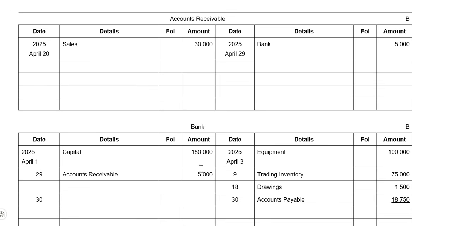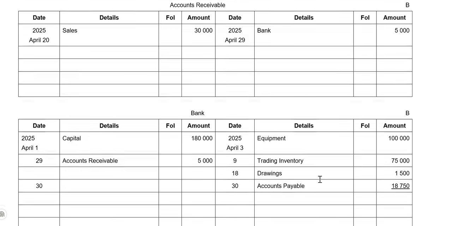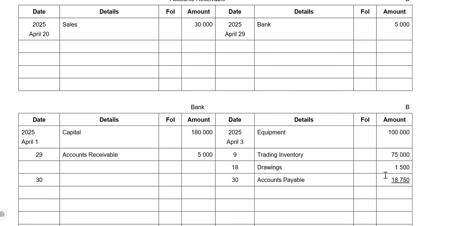So in the month of April, 185,000 ended up in the business bank account, but 100,000 was used for equipment, 75,000 was used for trading inventory. The owner took 1,500, and also who was paid? Creditors were paid 18,750.